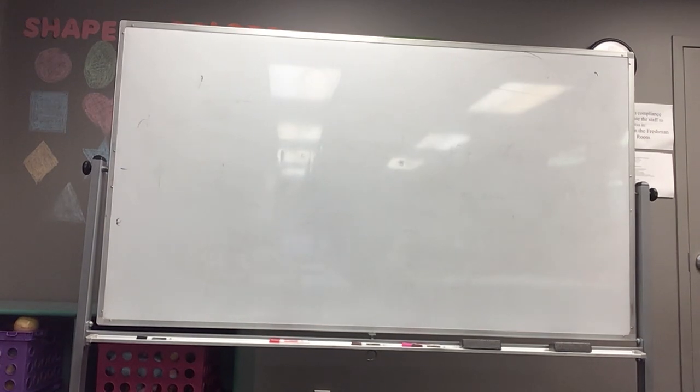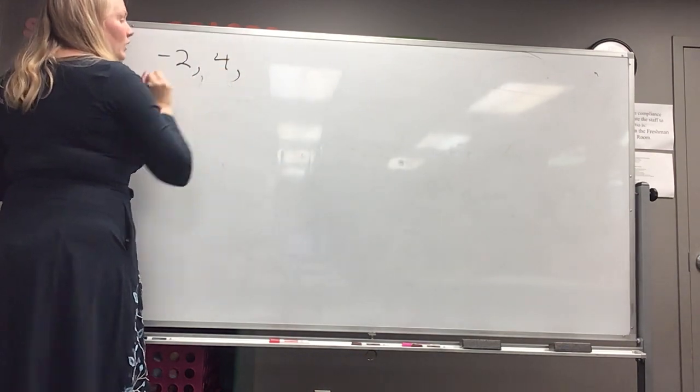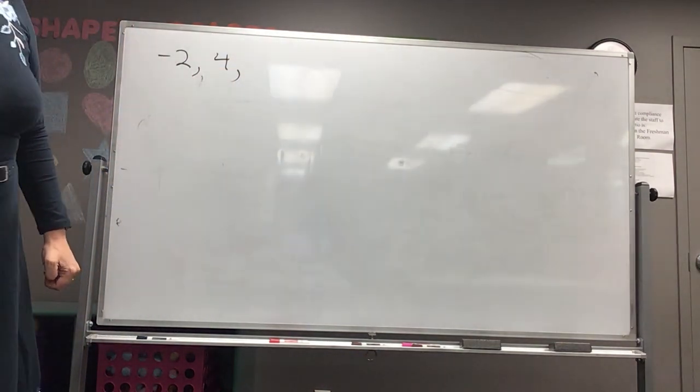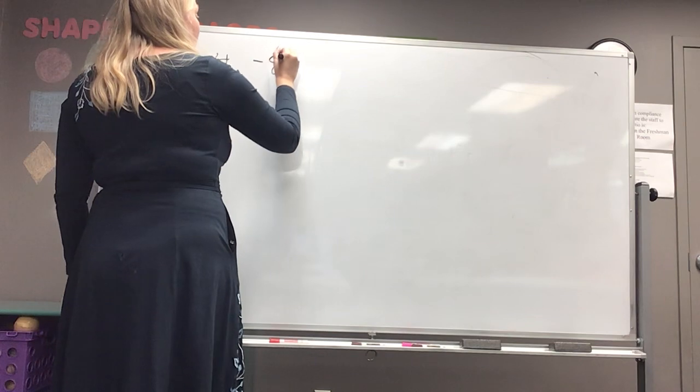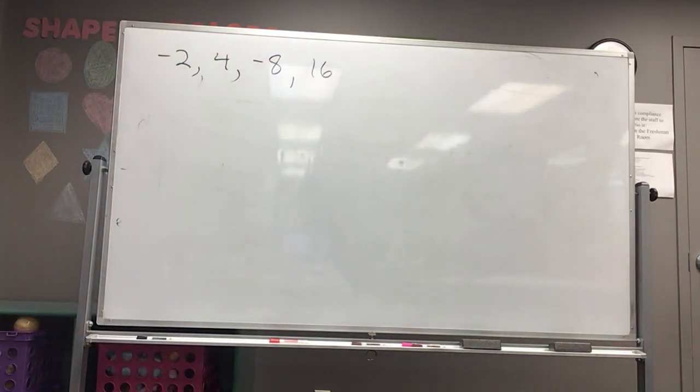All right, so, geometric sequence. We have -2, +4, -8, and 16. And the question is, what is the 9th term?